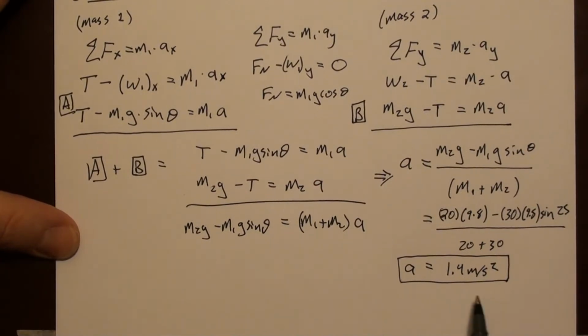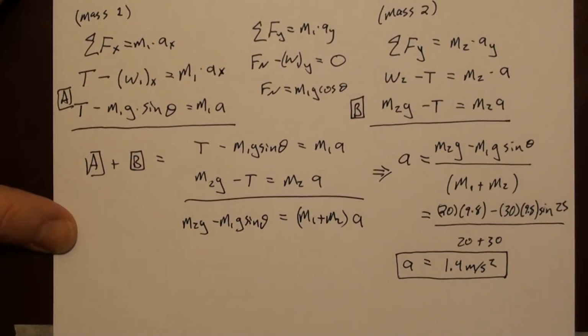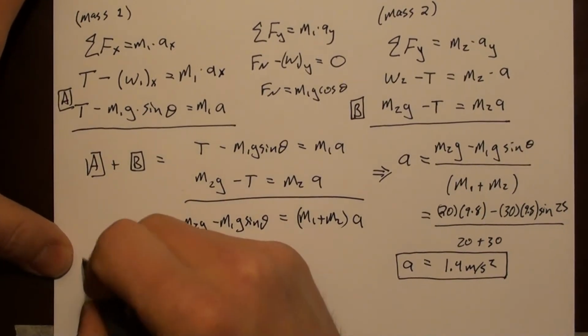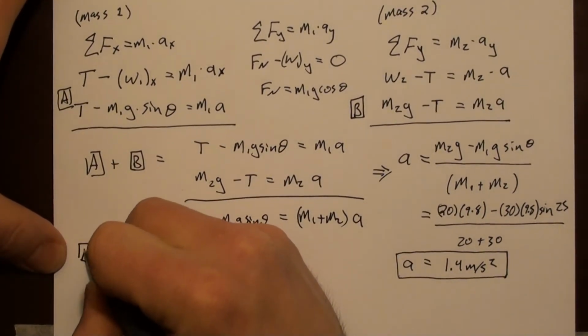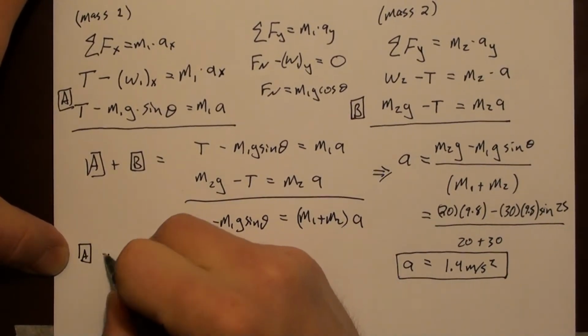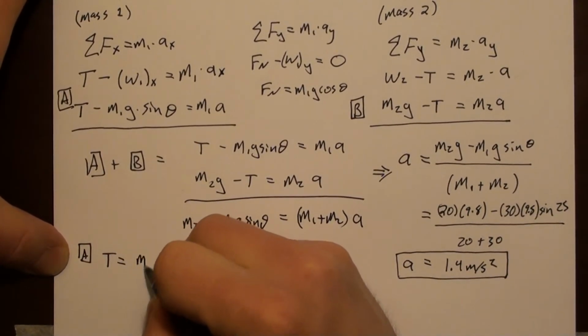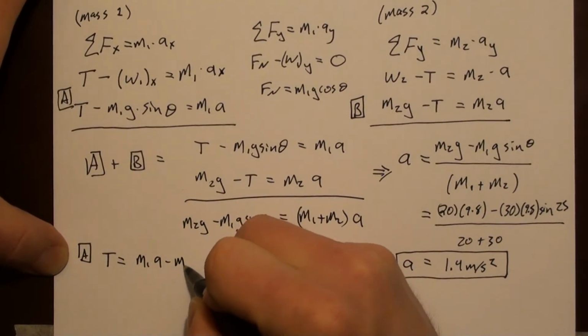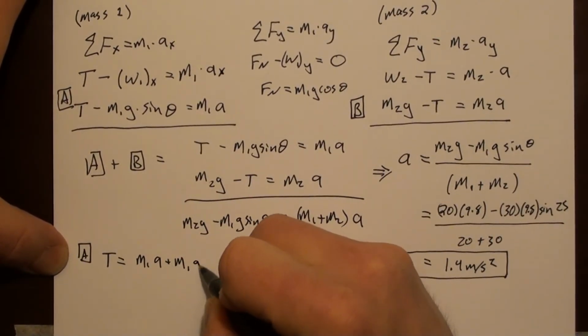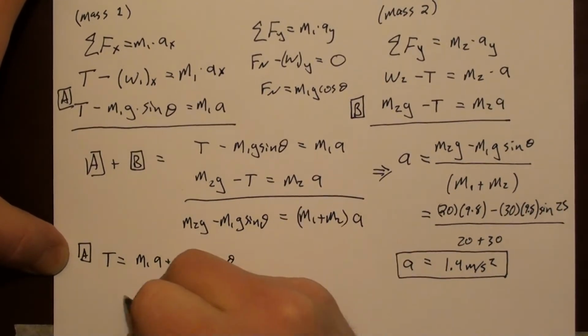So now we can take this acceleration and plug it into either equation A or equation B to find the tension. Let's plug it into equation A. So A looks like that could give us T equals m1a plus m1g sine theta.